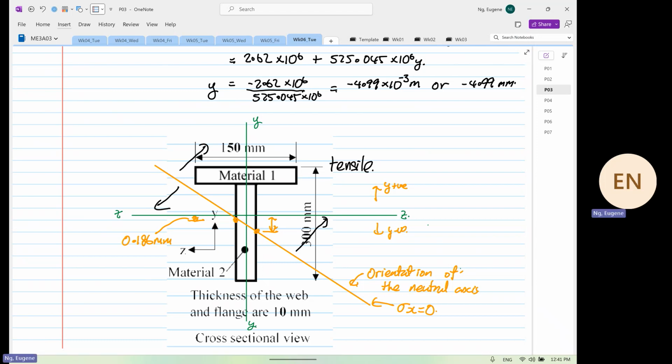Tensile. Anything on this side will be under what? Compression. That is why for brass, we don't need to check for what? Compression. Are we clear? Okay. So this is the full blown, of how regarding bending, okay, that you are expected to know.